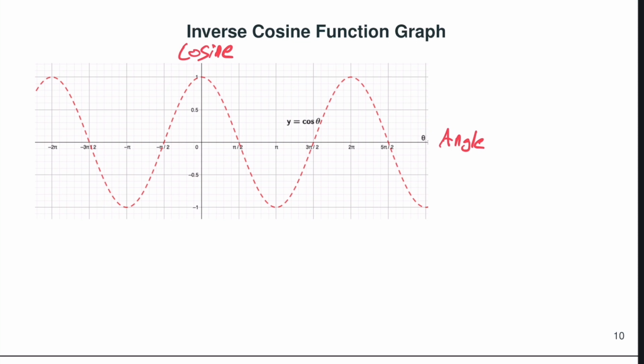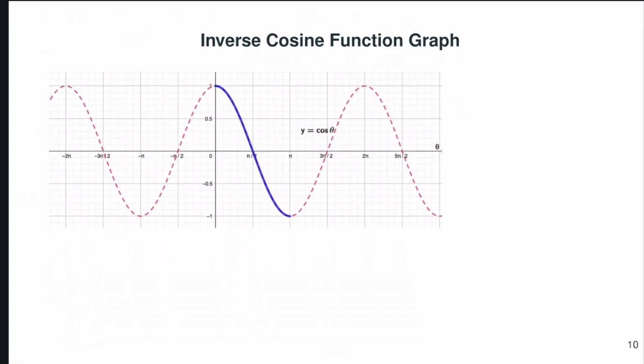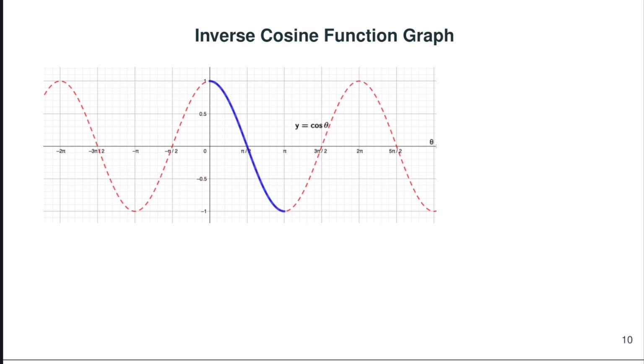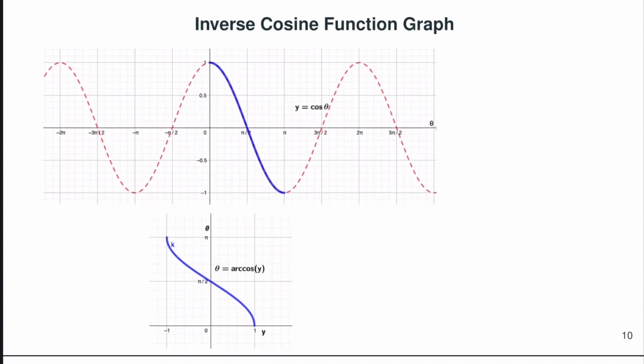So for cosine, we look at from here to here, this section of the graph, and then we invert this.